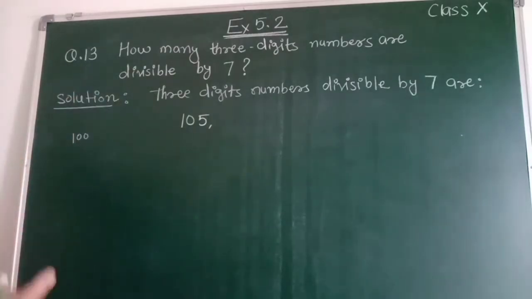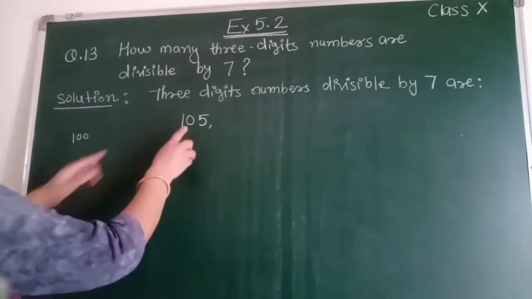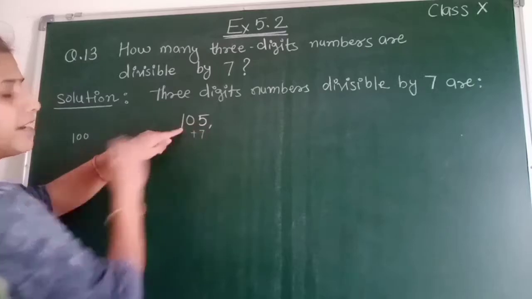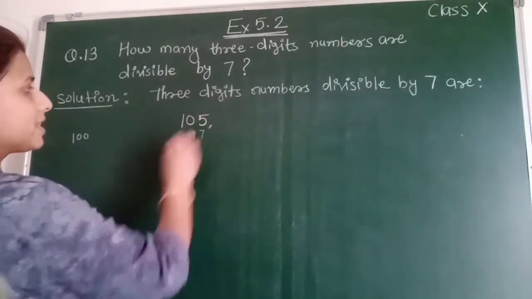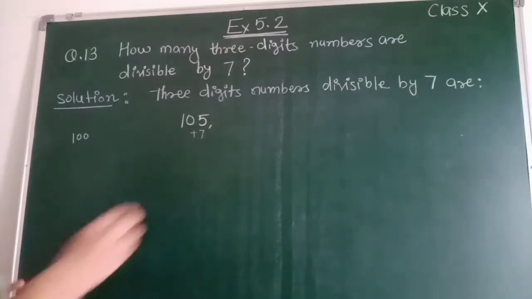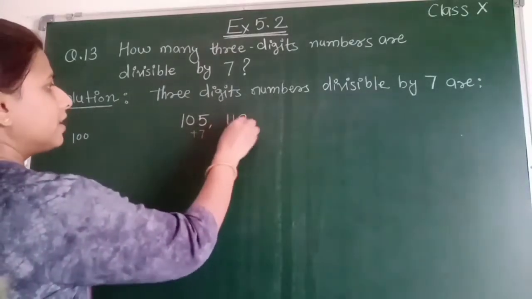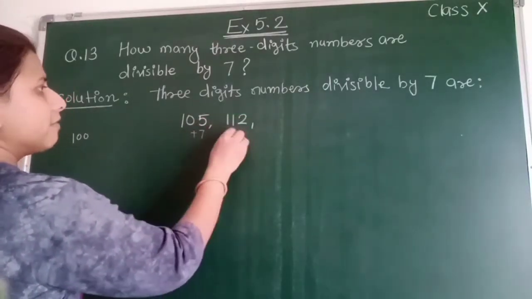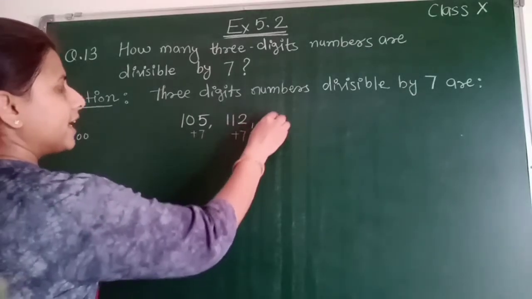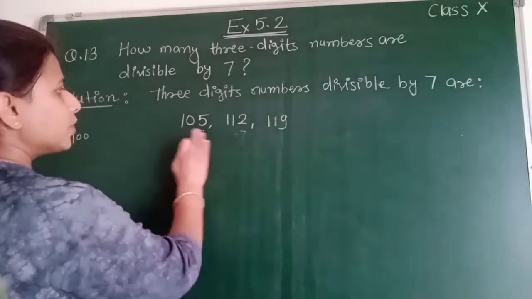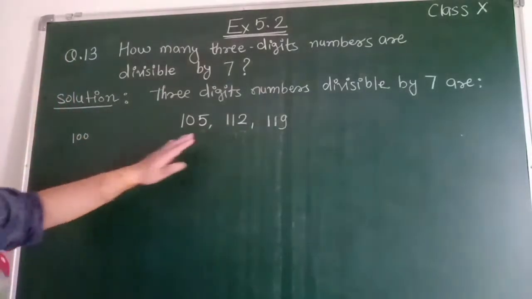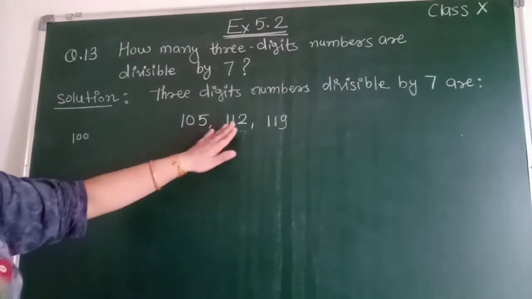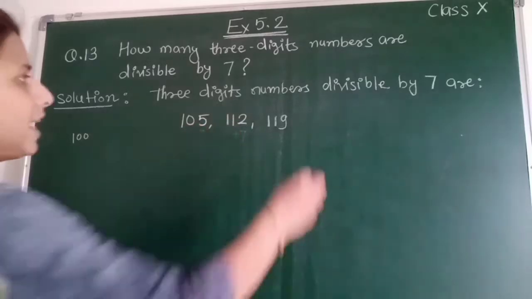Then the next term, obviously when we add 7 to 105, we get the next number, 112. Then when we add 7 again, we get 119. So this is our AP, whose first term is 105, second term is 112, and so on.